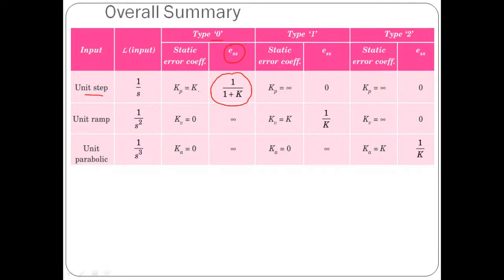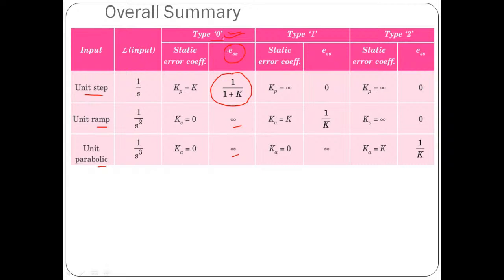And the moment we try to calculate the value of steady state error for a type 0 system when we are dealing with unit ramp input signal or unit parabolic input signal, the value of steady state error is going to be infinite. That means type 0 systems are designed only to operate on unit step input excitation.